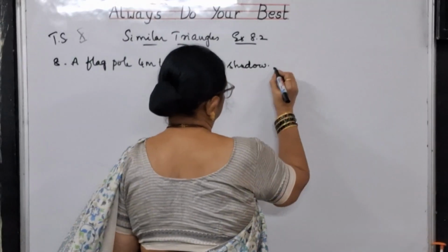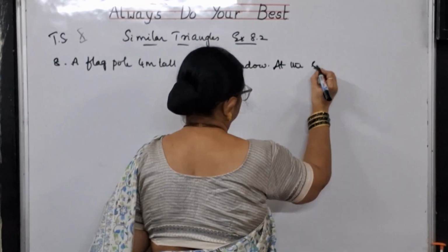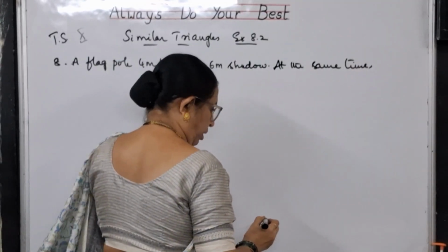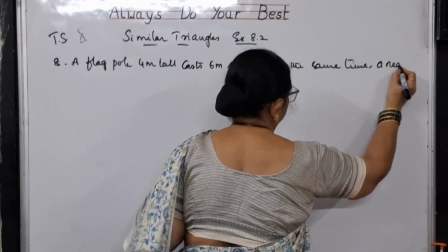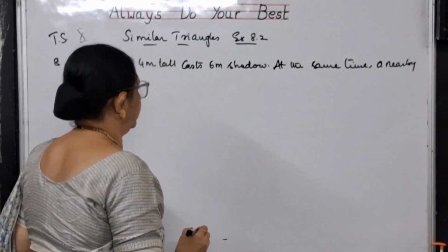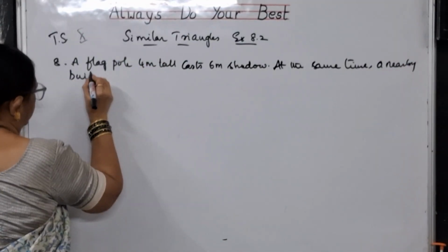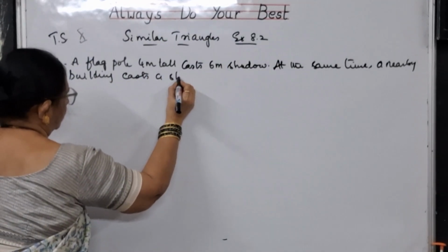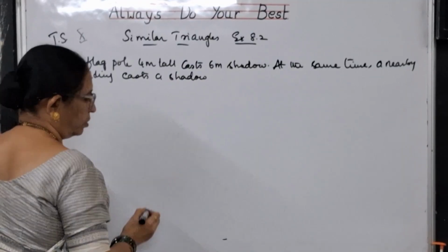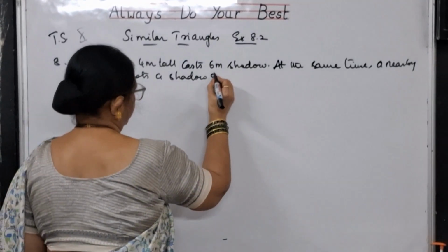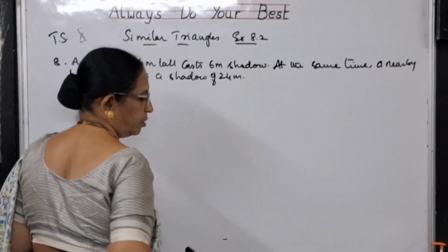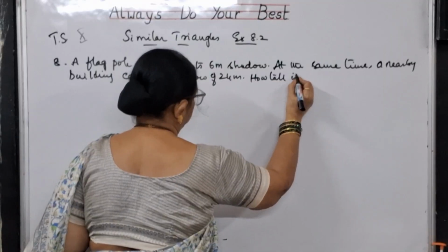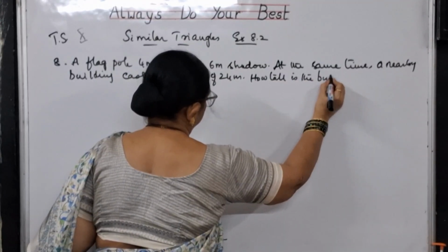At the same time, a nearby building casts a shadow of 24 meters. How tall is the building?